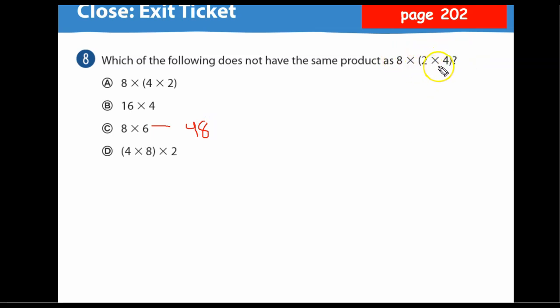So if I did this, 2 times 4 is 8, and 8 times 8 is 64. So does C have the same product? No, it doesn't. So it does answer the question. Which of the following does not have the same product as 8 times 2 times 4? C doesn't. So this would be correct.